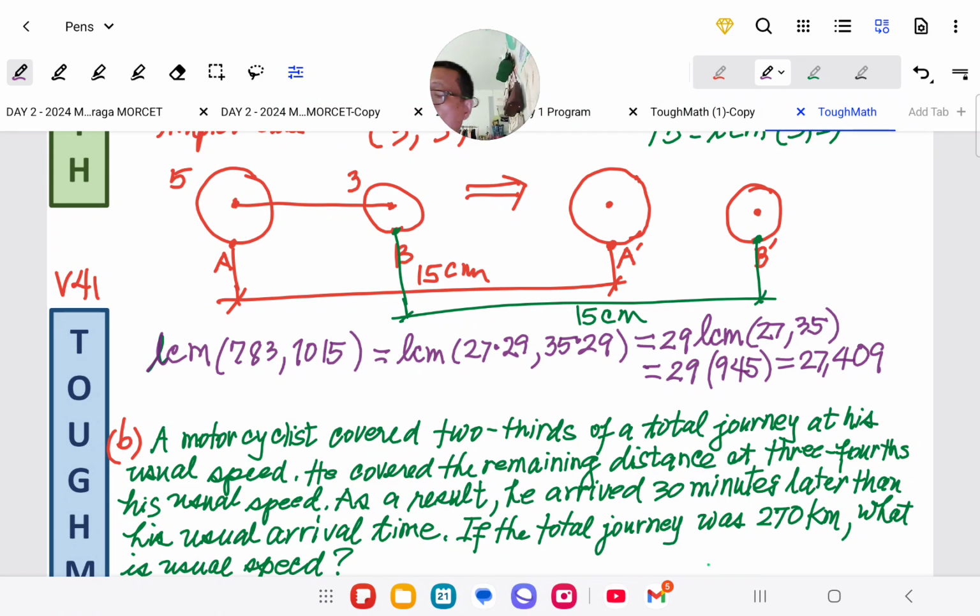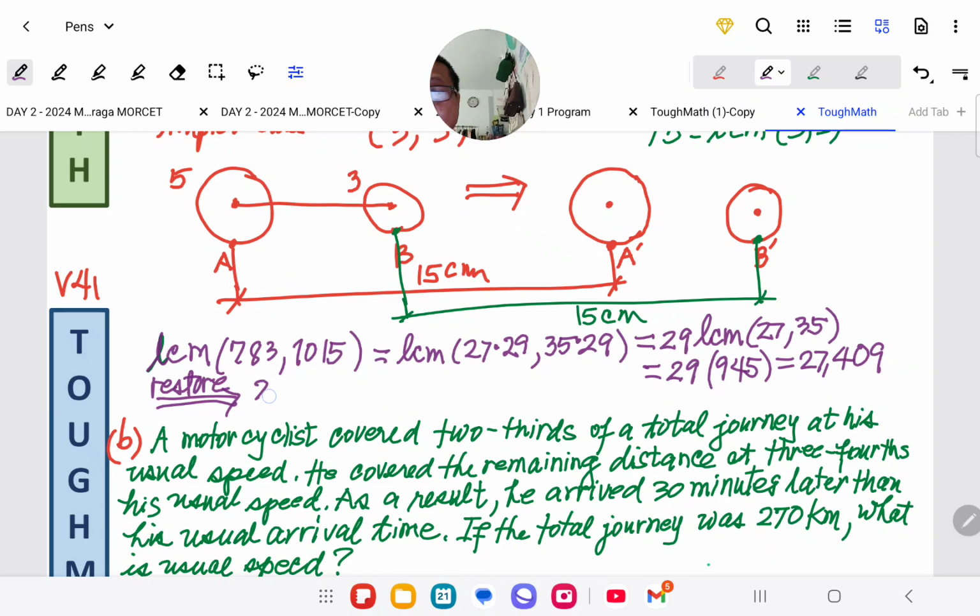Now we restore it. Instead of multiplying, now we divide, so that we restore the original given values. So to restore, I will write here, restore.